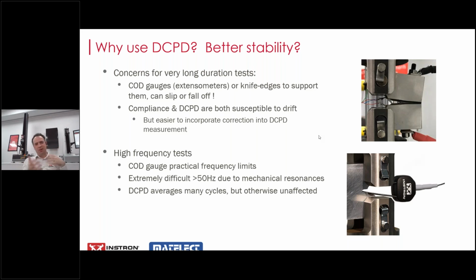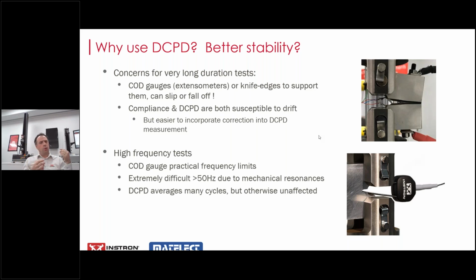So once you get past, realistically, I would say about 50 hertz of loading frequency, it becomes very, very difficult to use purely mechanical measurement of that crack. At which point, DCPD, now we are talking about DC measurement here, so you know you are going to be bridging a number of cycles at that point.